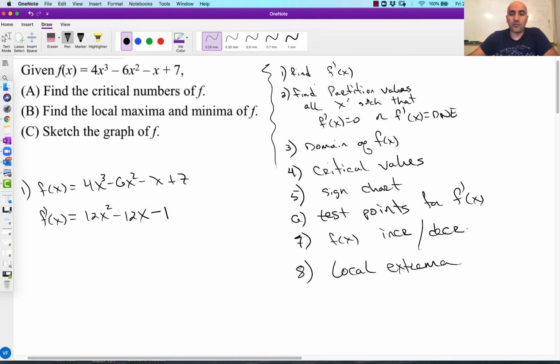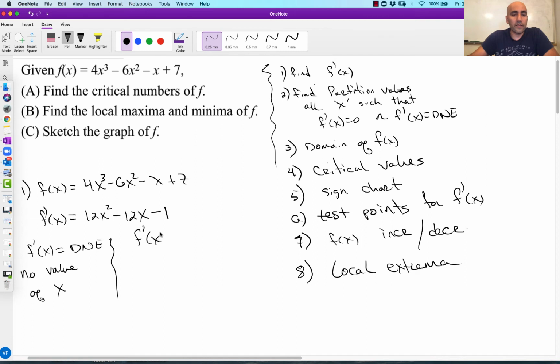Figure out all the values where our derivative is undefined or equals 0. Well, this is a polynomial, so it's not undefined anywhere. F prime of x does not exist: this part will have no solutions, no values of x.